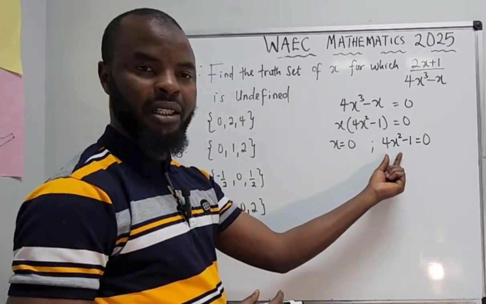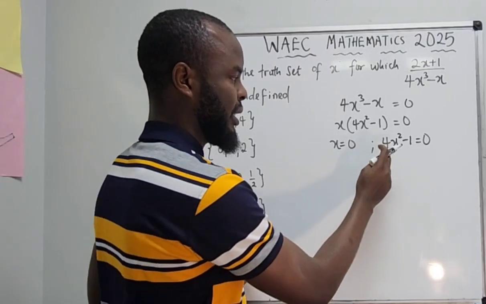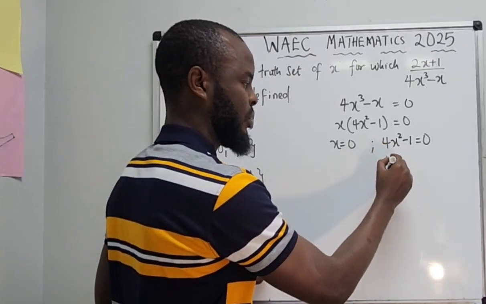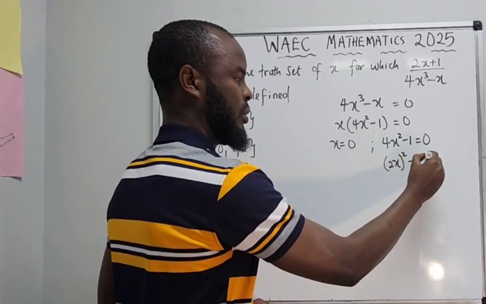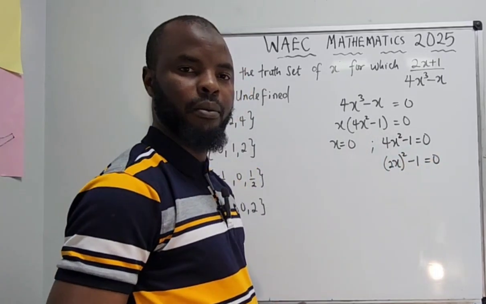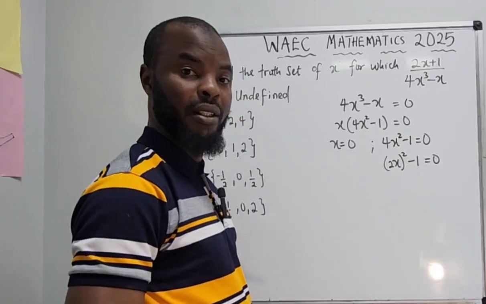And we can simplify this further to also get the remaining 2 solutions. To do that, 4x squared minus 1 can be written as (2x) squared minus 1 equals 0. Now, to simplify this further, we can use the difference of 2 squares.